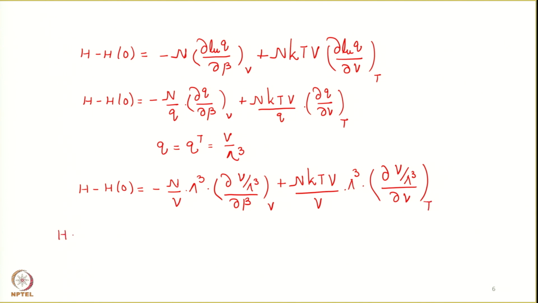H minus H0 is equal to minus n upon V into lambda cube.